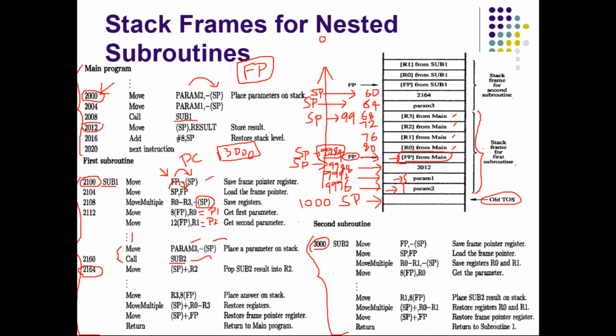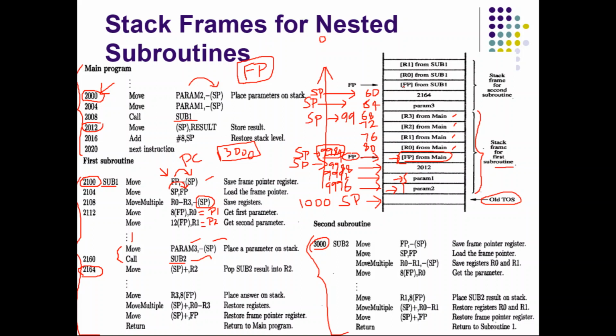Control is now moving from subroutine 1 to subroutine 2. There is only one FP, but depending on which function is being executed, it holds that function's appropriate address. Previously FP holds 9984, an address belonging to the stack area of subroutine 1.